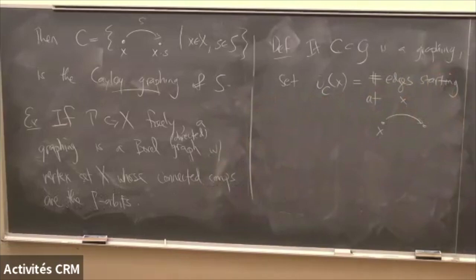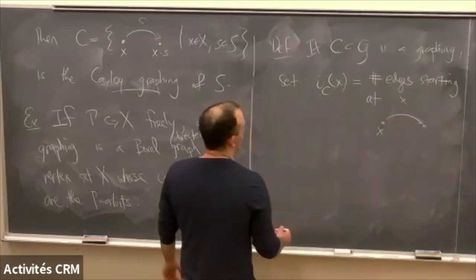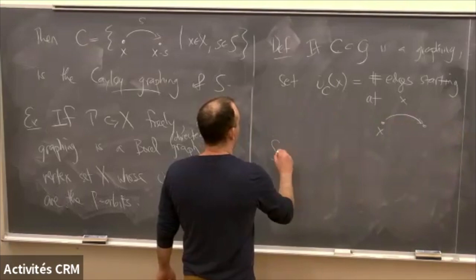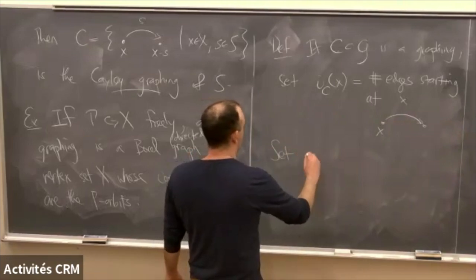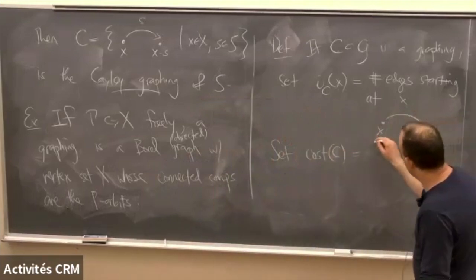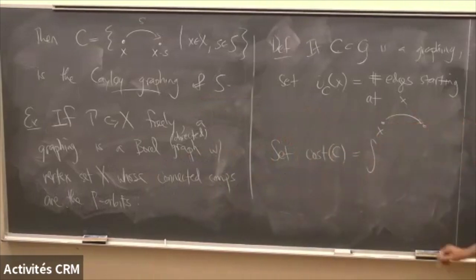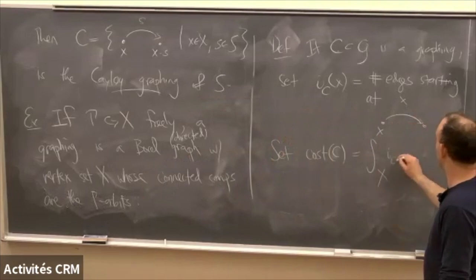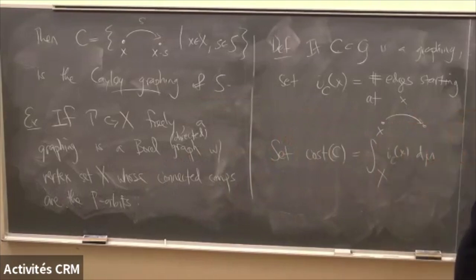And then I set the cost of C to be the integral over X of I_C of X d mu.